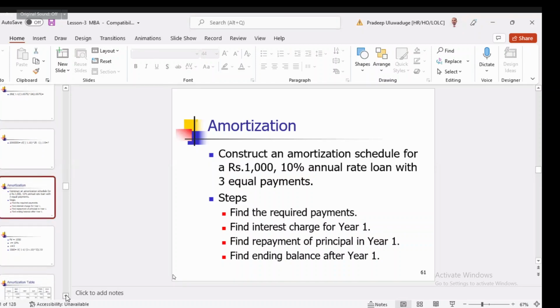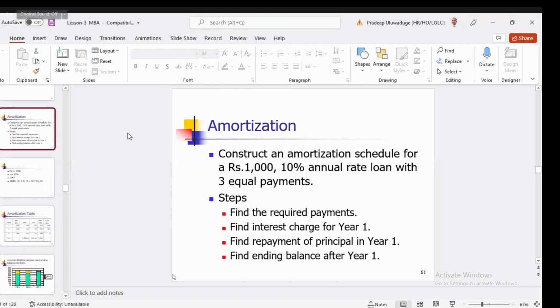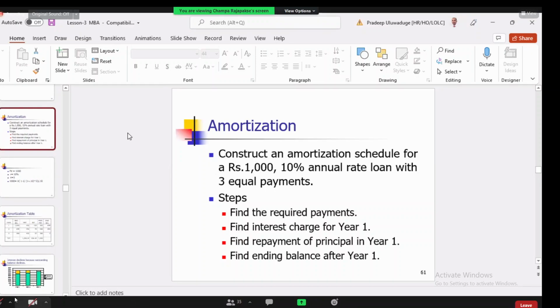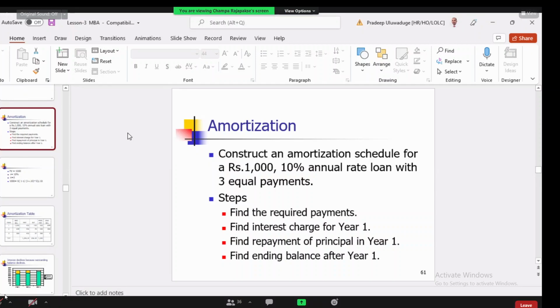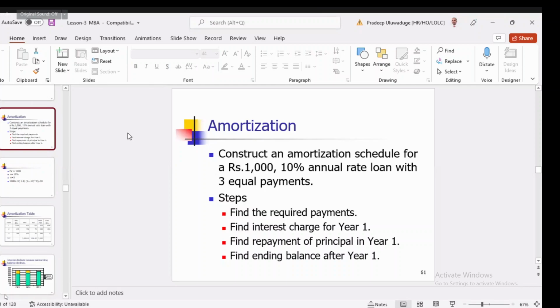Now we are familiar with present value and future value, and we know how to calculate the present value and future value in annuities, in single cash flows, or in multiple uneven cash flows. So since an installment payment is fixed, it can be considered as an annuity because every month or every year we pay the same amount of money.